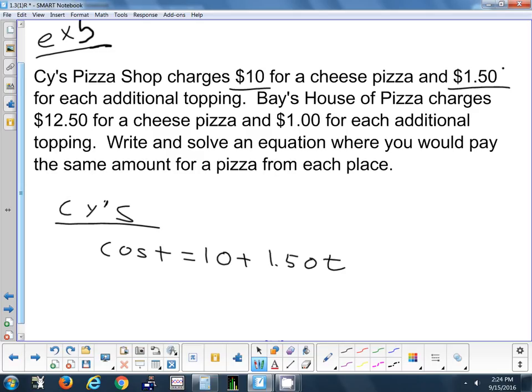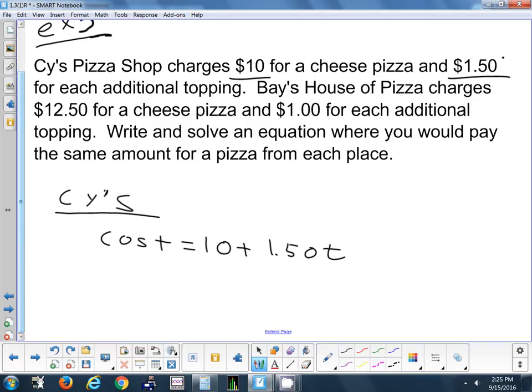So if you didn't get any toppings, you'd plug 0 in for T, and all you'd pay is $10. If you get one topping, you do $1.50 times 1, that's the topping, plus $10. If you got 4 toppings, you do $1.50 times 4, pay $1.50 each topping, and then add $10 for the pizza. So that's the cost at Size. We'll come back to that in a second.